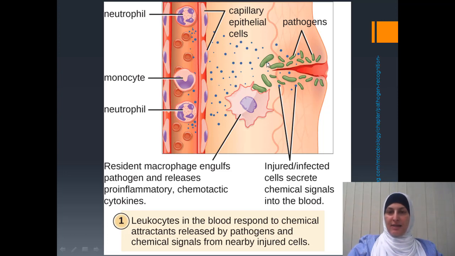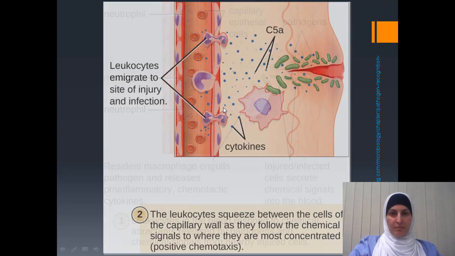Also, presence of the antigens and the pathogens will stimulate the complement system, and the complement cascade would start working, and different complement proteins would be produced, and these would spread through the tissues and come to the blood vessels, affecting the endothelial cells, initiating an inflammatory reaction.